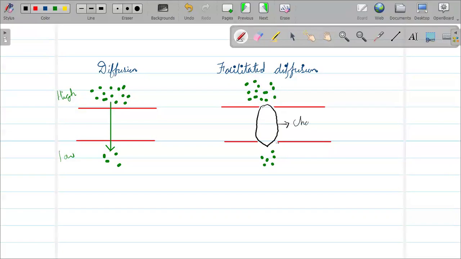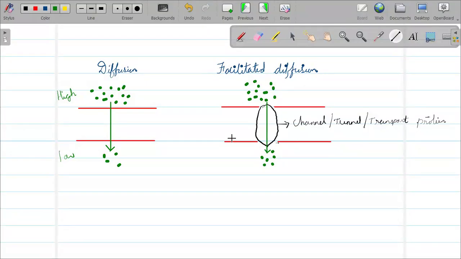It is a channel protein, also called a tunnel protein or a transport protein. A lot of names are there for it. Using these channel proteins, if the molecules are able to move from higher concentration to a region of lower concentration, this mechanism is called facilitated diffusion.